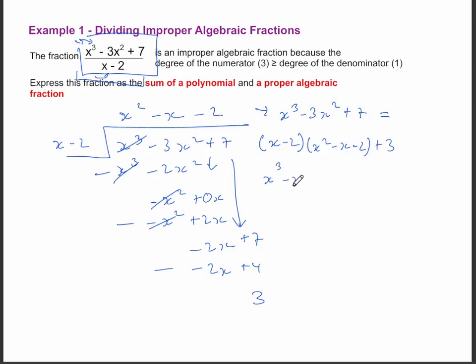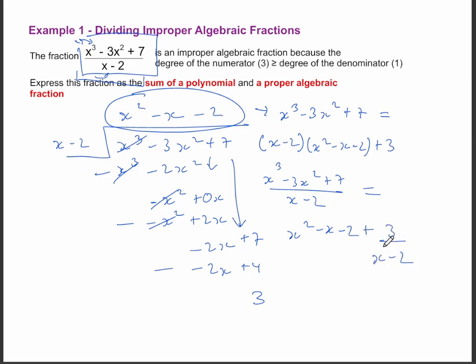So x cubed minus 3x squared plus 7 over x minus 2 can be written as x squared minus x minus 2, which is your answer here at the top, then plus 3 over x minus 2. The remainder is a fraction with the divisor as the denominator. And as I said, we express this fraction as the sum of a polynomial and a proper algebraic fraction. We have here the sum of a polynomial and a proper algebraic fraction right here. And that's example 1 done.